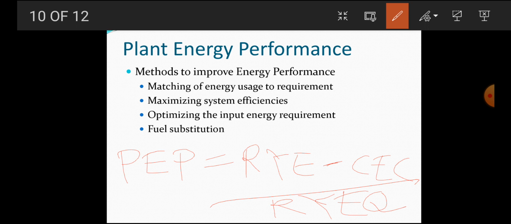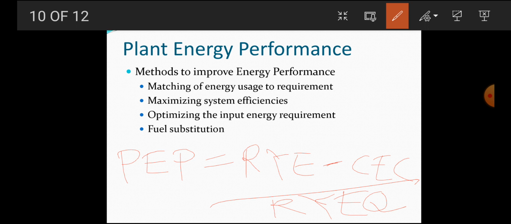So this will be the plant's energy performance. These are a few terms which are used to find out how much energy is consumed. So we have seen plant energy performance, reference year equivalent energy, and production factor. So three main terms we have seen.